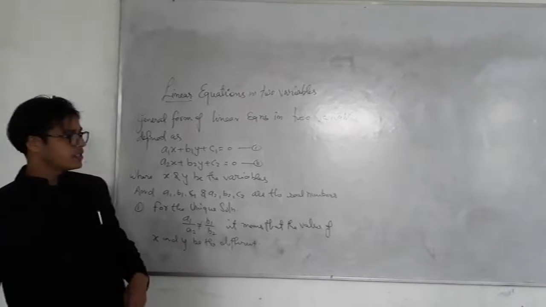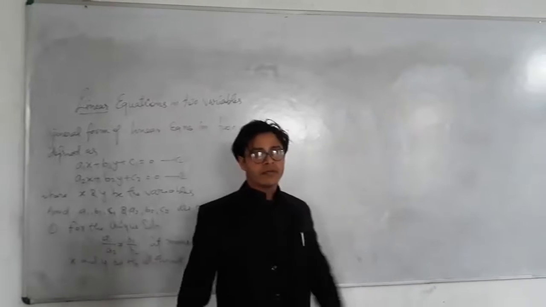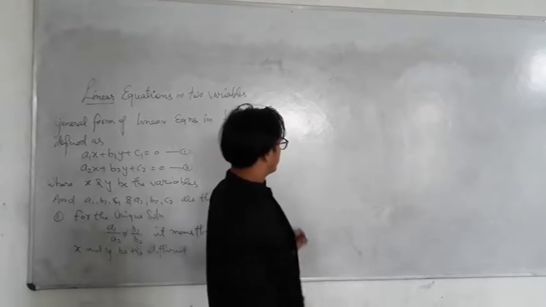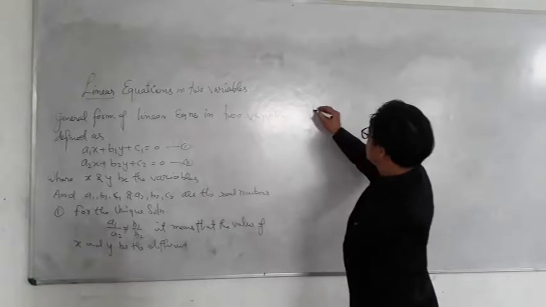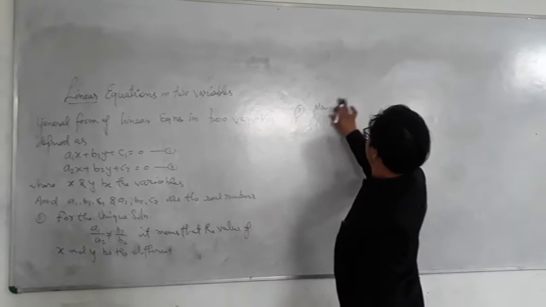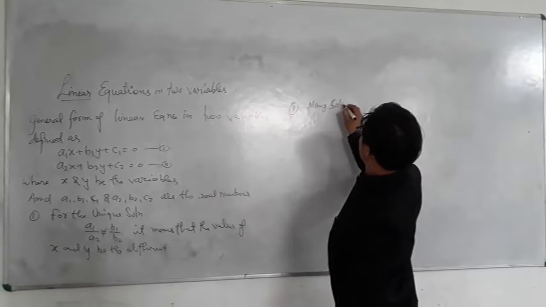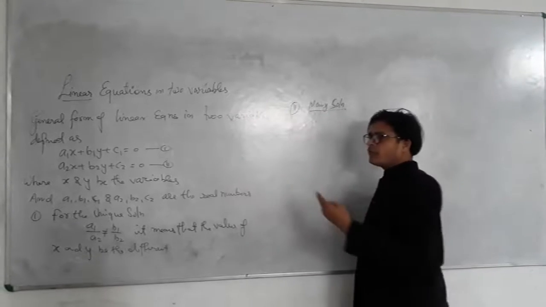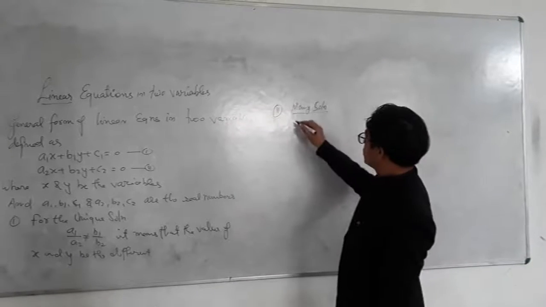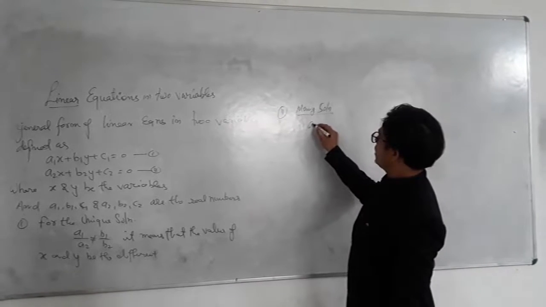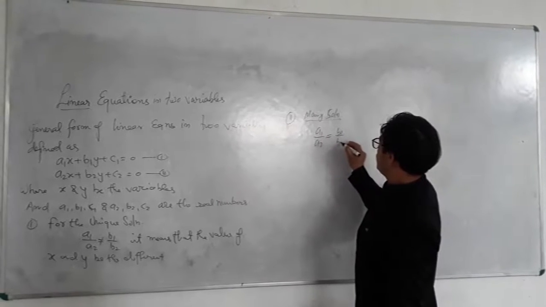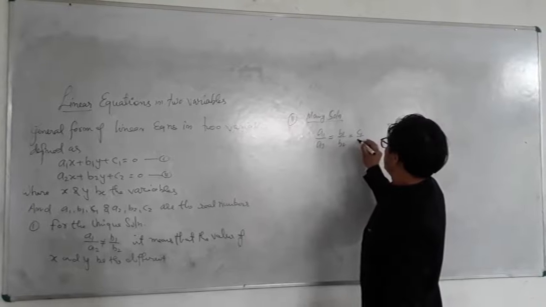Now the second condition is for having infinitely many solutions. What will be the condition for the system to have infinite solutions? The condition is a1 upon a2 is equal to b1 upon b2 is equal to c1 upon c2.